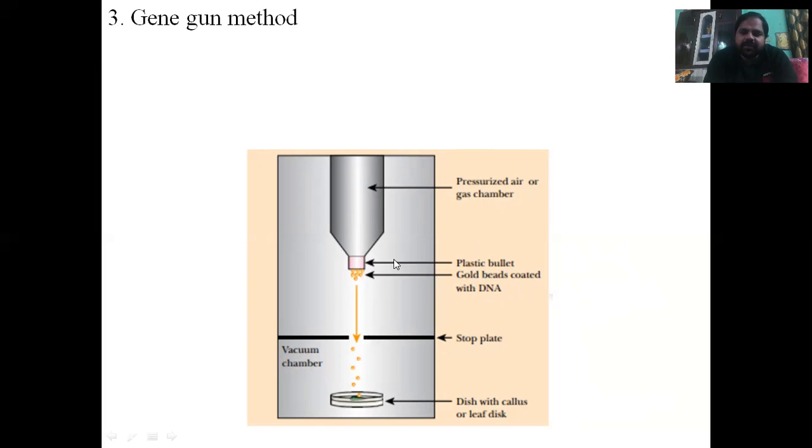This gold along with recombinant DNA will be inserted directly into the cell. Generally, this gene gun method has been employed to introduce the DNA mostly in plant cells.